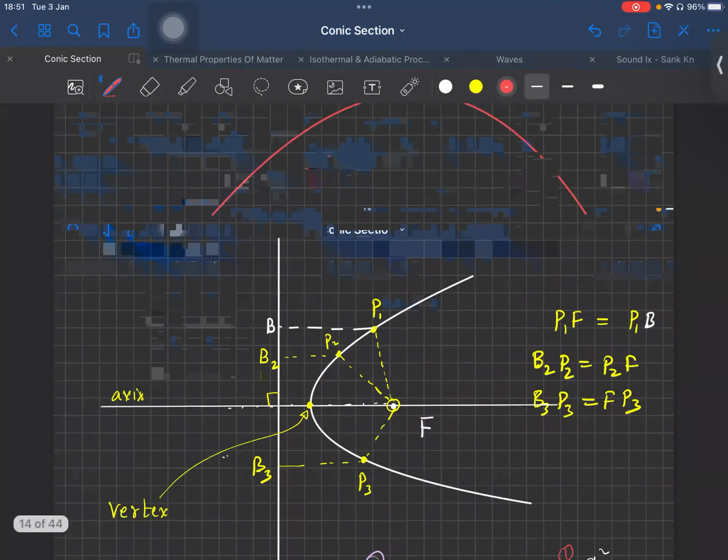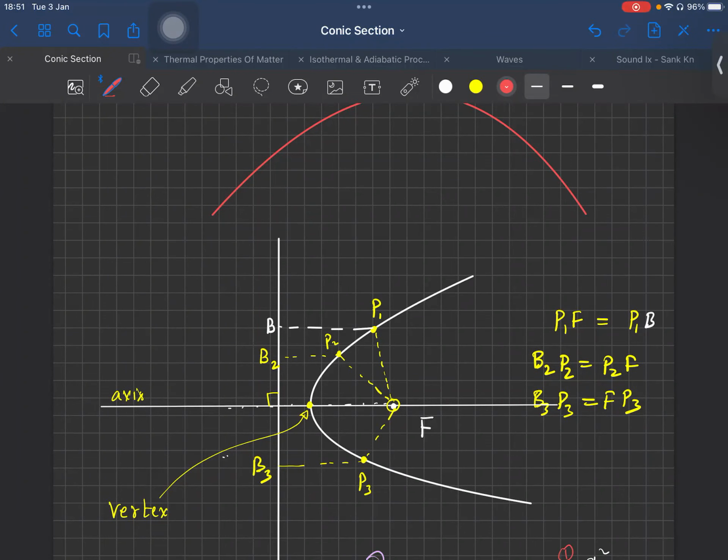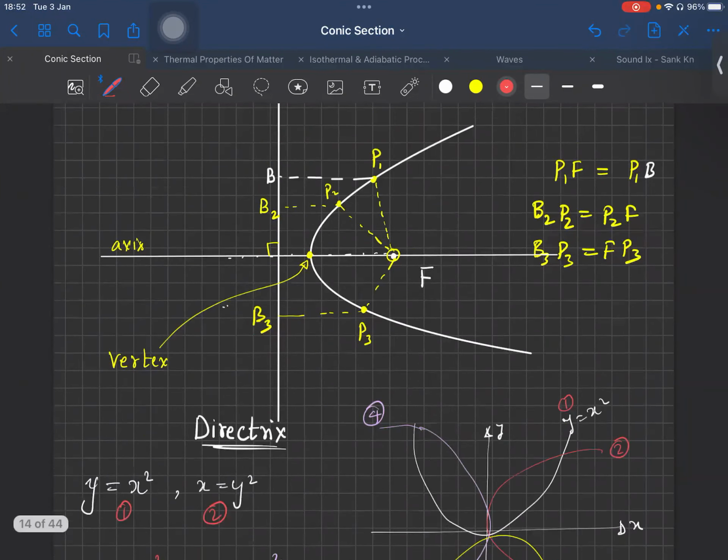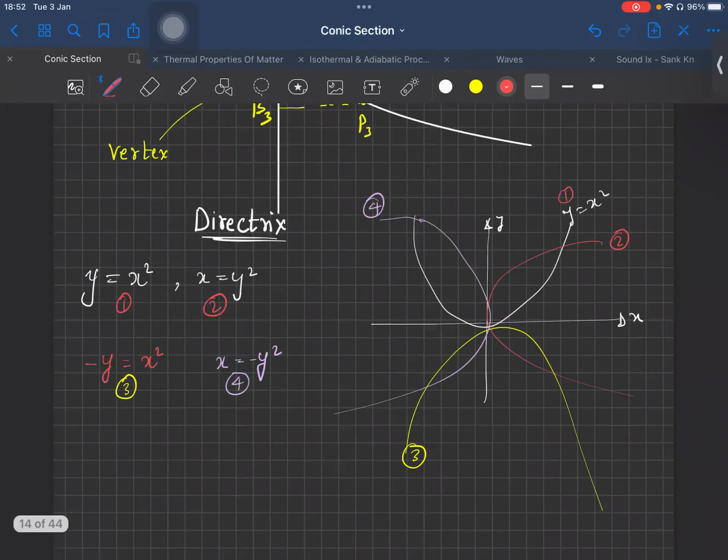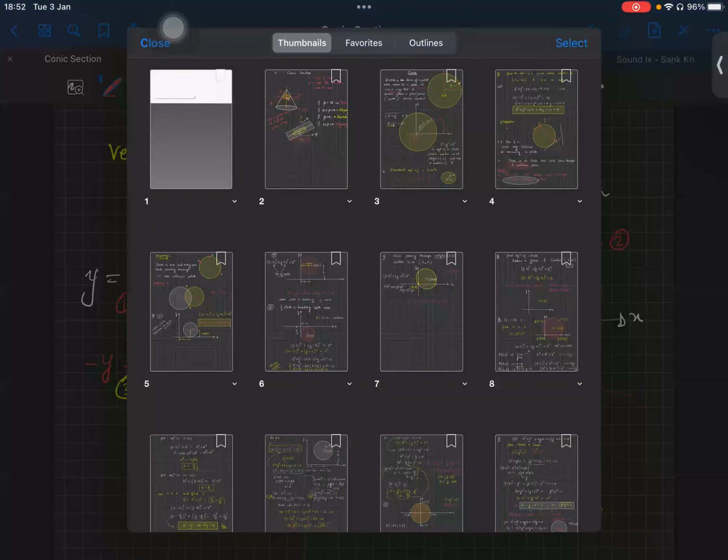How do you define a parabola? Anyone please tell me how you will define a parabola? Okay, let me give you a very general equation of a circle.